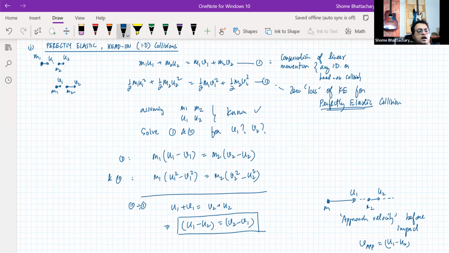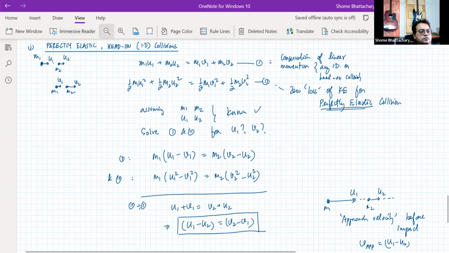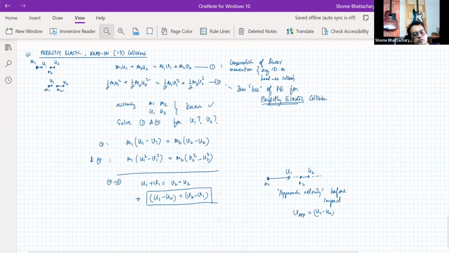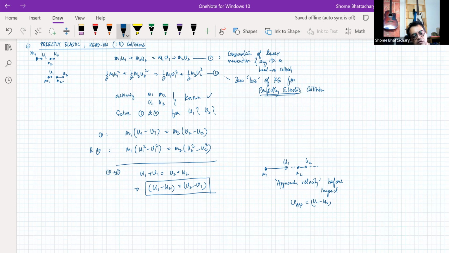After impact, M2 is running away at a faster velocity V2, and we have assumed that M1 has slowed down to V1. So they have a separation velocity; they are separating from each other after impact.